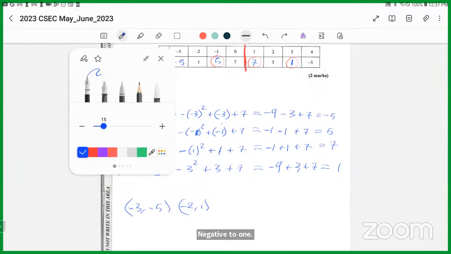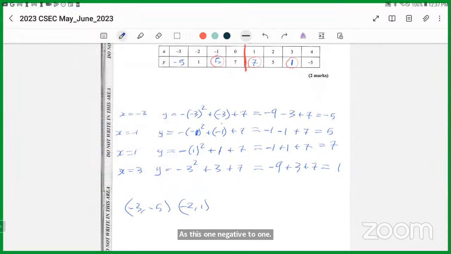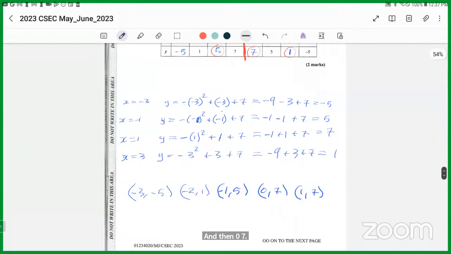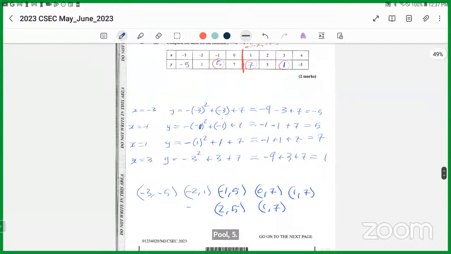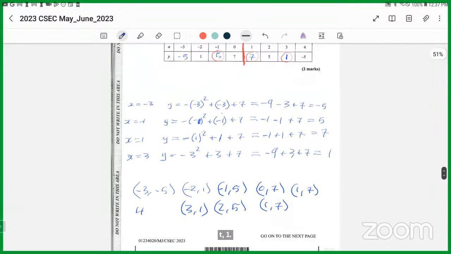And then the next one is -1, 5, and then 0, 7, and 1, 7, and 2, 5, 3, 1, and 4, -5.